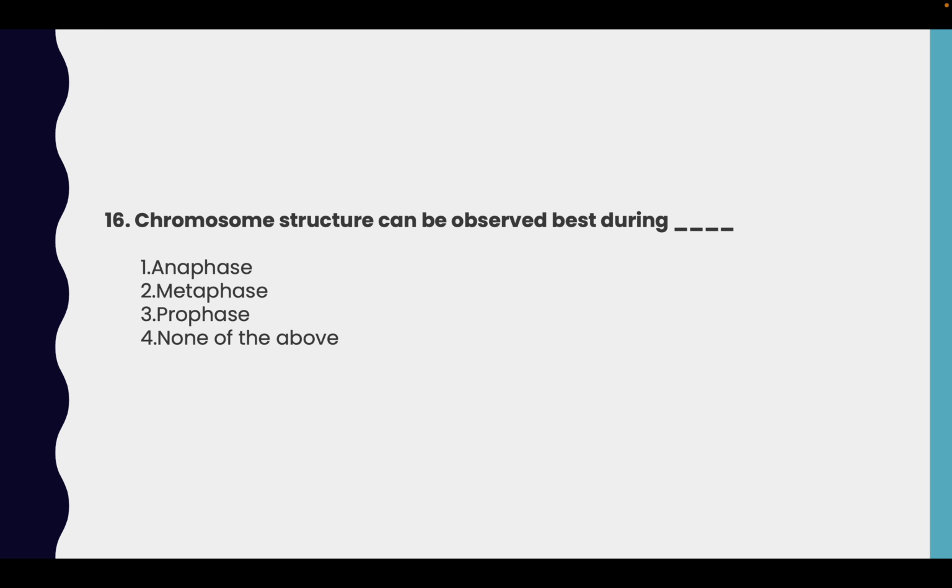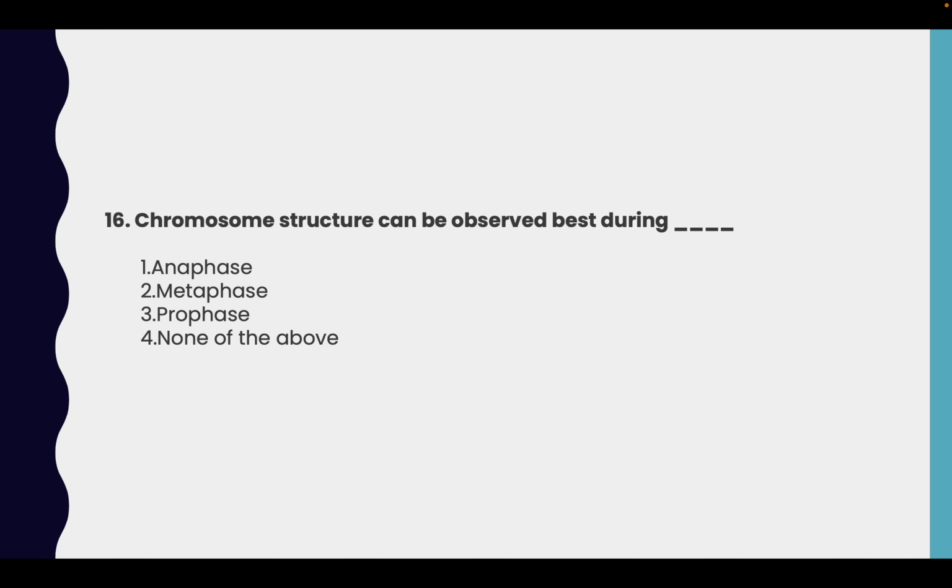Yes, ma'am, because there the chromosomes move to the poles, so they form V, L, J, I shapes. And what about metaphase? In metaphase, we can see the morphology, I think. Chromosome condensation is complete. In which phase? Metaphase.